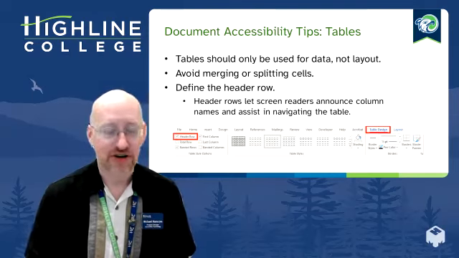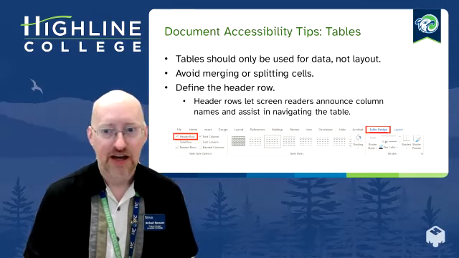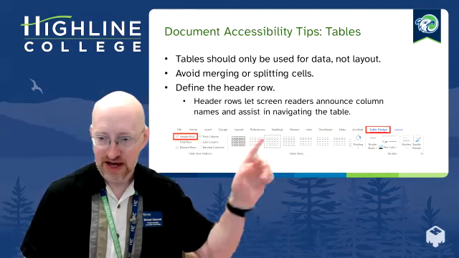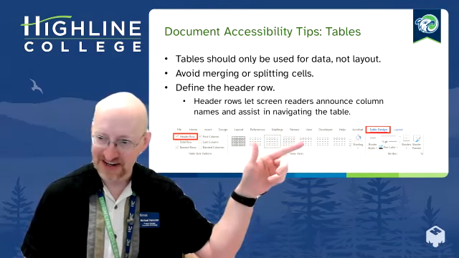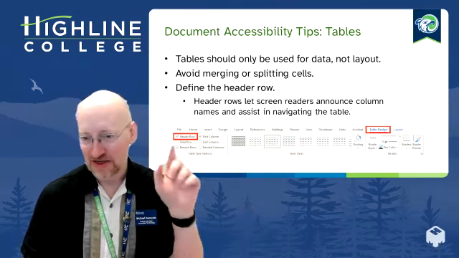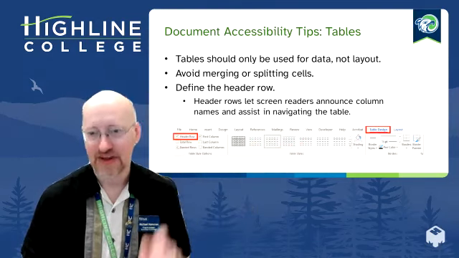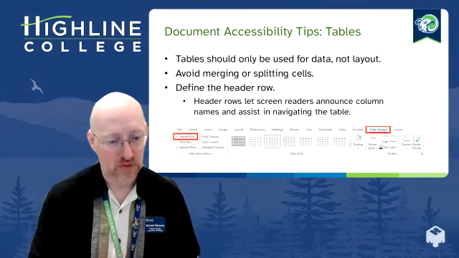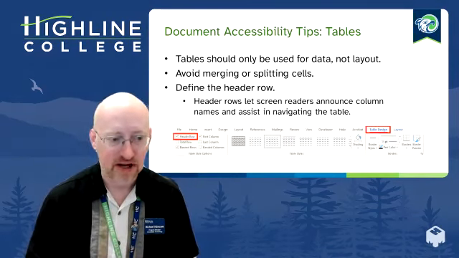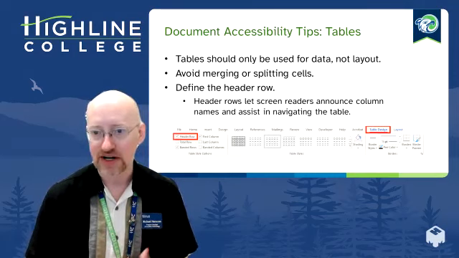You should avoid merging or splitting cells, and you should make sure to define a header row. Here I'm in Word, and in the table design toolbar there is an option to turn on a header row and make sure that tables have headers. Again, a lot of this comes down to how documents interact with screen readers.